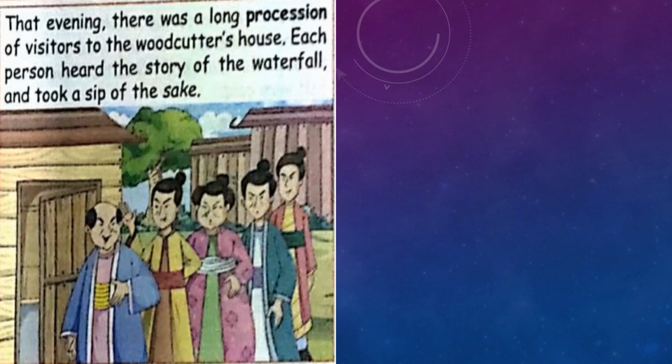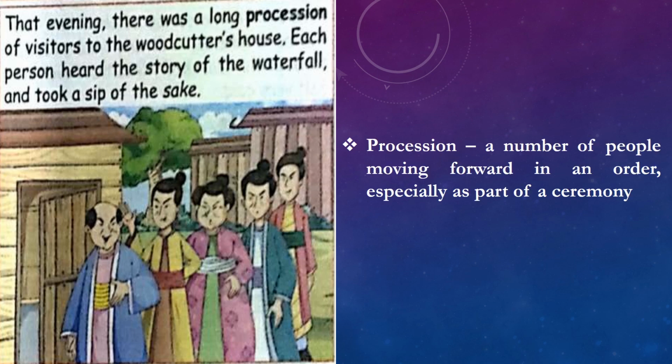So that evening there was a long procession of visitors to the woodcutter's house. Each person heard the story of the waterfall and took a sip of the sake. So that evening what happened? There was a long procession. What is a procession? When somewhere a number of people move forward, for example, to attend a ceremony especially.